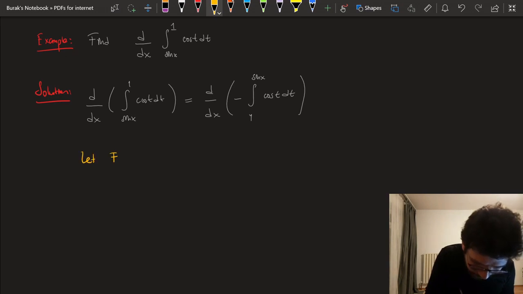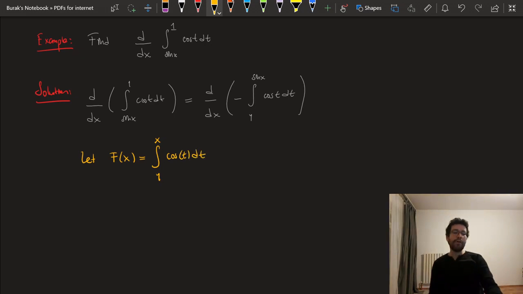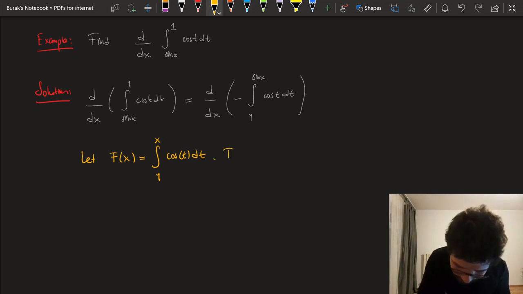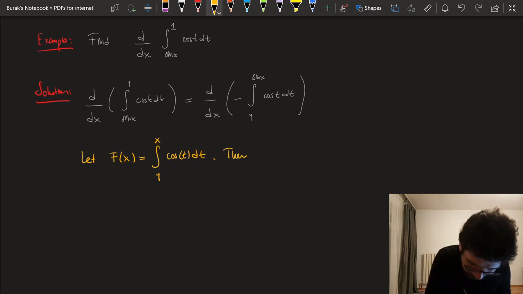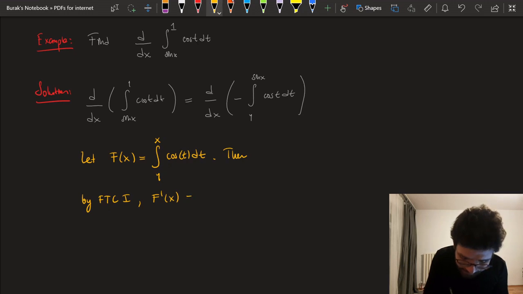Let big F of x be the following function: the integral of cosine t dt from 1 to x, not 1 to sine of x, 1 to x. Then by the fundamental theorem of calculus, part 1, you know that the derivative of big F is cosine of x.